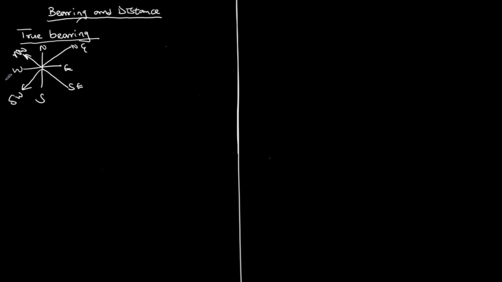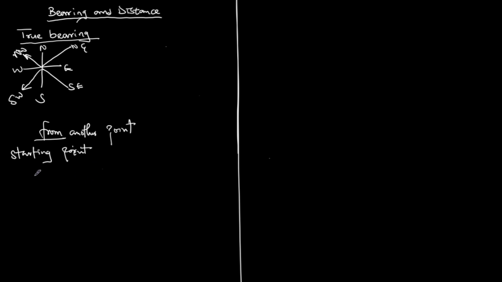Now, true bearing is the measurement of a point from another point. You see, this word "from," like I said in our previous class, is very, very key and very important because it indicates the starting point of your measurement.